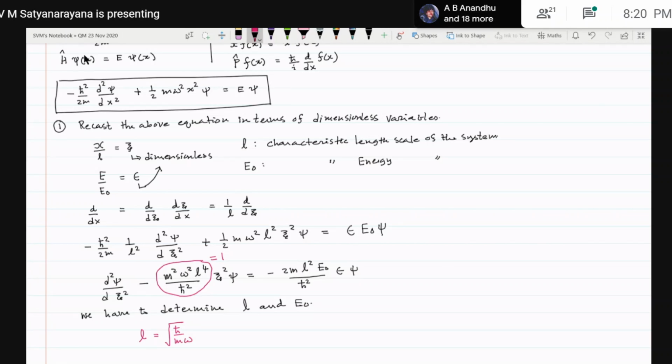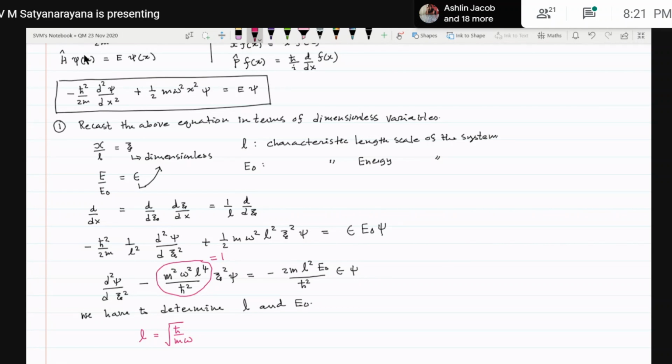If I choose L like this, then L square is h bar by m omega, or L to the power 4 is h bar square by m square omega square. So this coefficient is equal to 1. So this is our characteristic length.